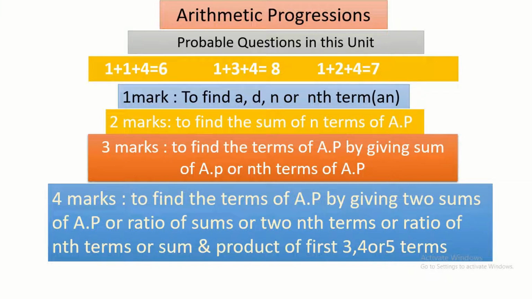Another type of question is where they give the sum and product of the first 3, 4 or 5 terms, for example the sum of the first 3 terms and the product of the first 3 terms, or the sum of the first 4 terms and the product of the 4 terms of the AP, and ask you to find the first 4 terms of the AP. Like this, the questions appear in arithmetic progression.